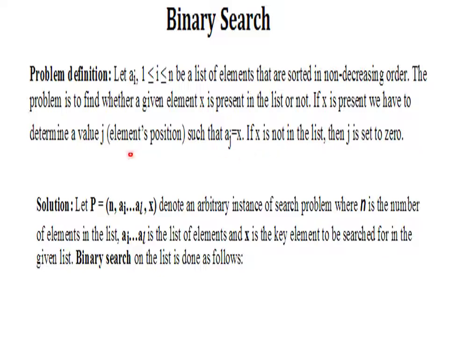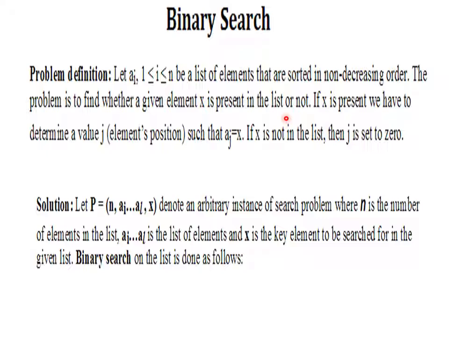The problem is to find whether a given element X, that is the key item we want to find, is present in the list or not. Searching means we want to find whether a given item is there in the list.